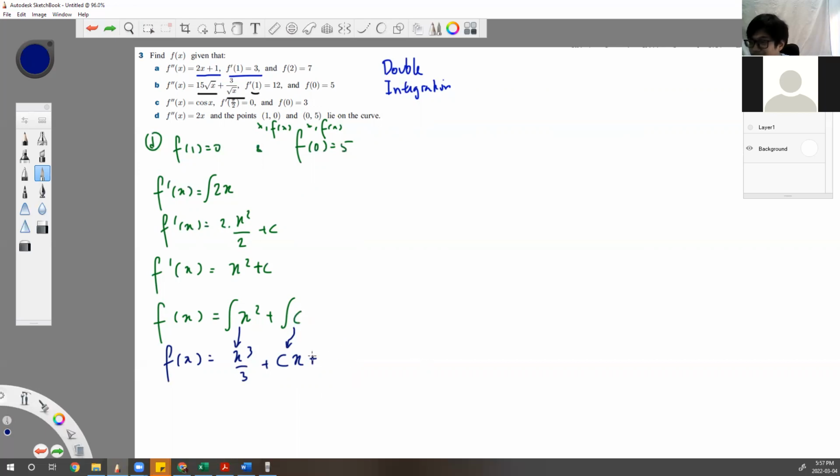But we need to put one more, right? Because we have the other, let's say this is c1, so c2. Make sense for you? The second integration. Yes. Okay, so c1 and c2. But rather than c1 and c2, I prefer to use c and d, for the sake of a simpler version.